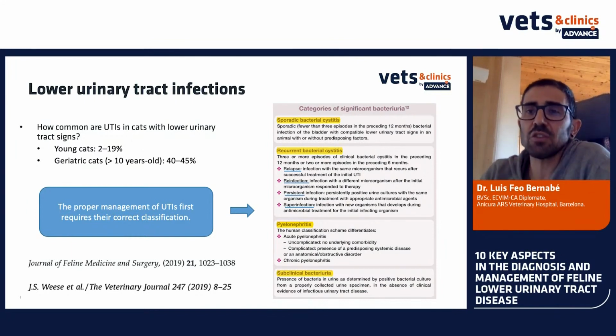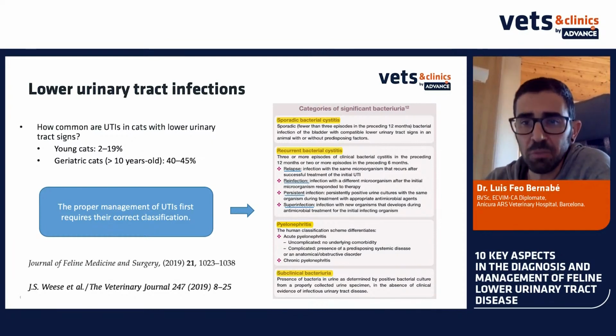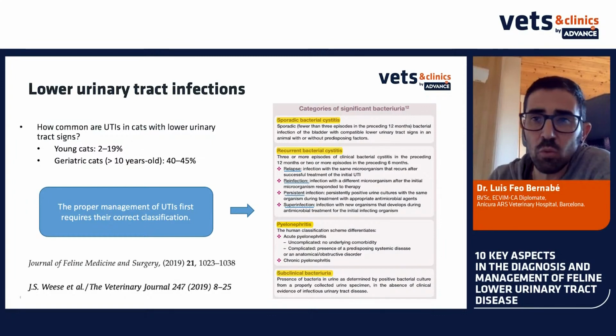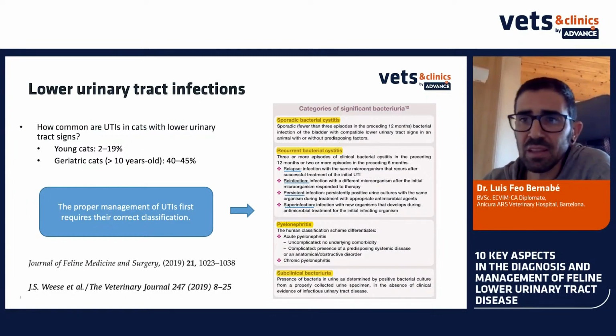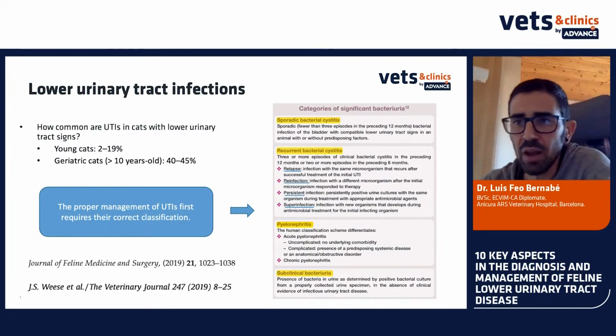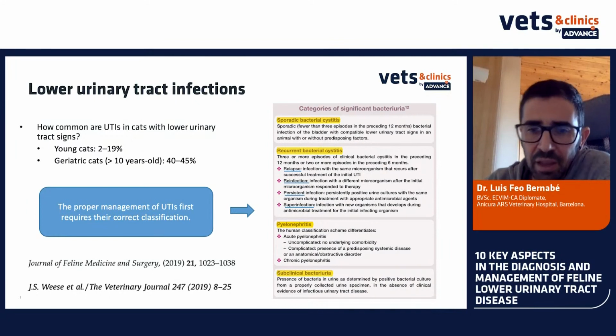Another important classification is pyelonephritis. That's why it's really important to perform a complete CBC and chemistry panel. A pyelonephritis is when the upper urinary tract is affected, for example the kidneys mainly.